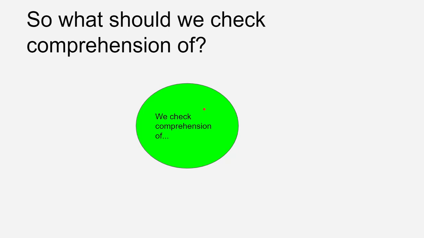So the question is, what should we check comprehension of? When I say check comprehension, what exactly am I talking about? Well, one of the things that we're interested in checking comprehension of is new language or potentially new language for students.